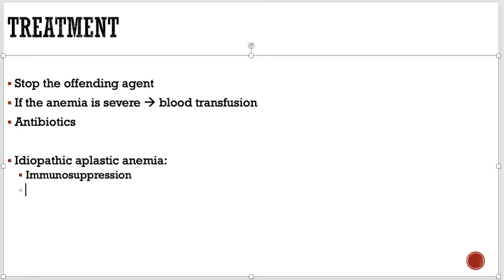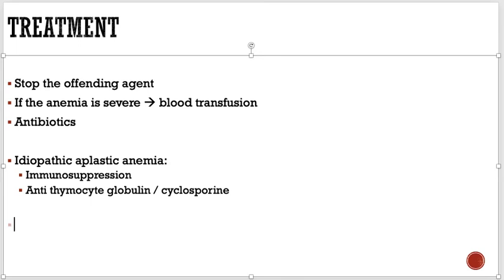Okay, many people respond when we give them antithymocyte globulin. The response is good in this one. Or you can give them cyclosporin, okay, to suppress their immunity. But guys, in aplastic anemia, if there is no response even after you suppress the immunity, of course you can give the patient blood transfusion with antibiotics, but how long?